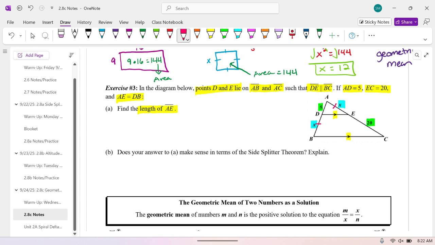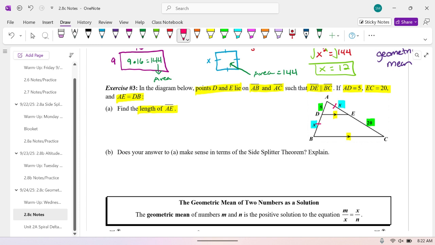Remember, side splitter is when you take the two sides of one triangle and set it equal to the two sides of the other side of the triangle, but specifically the pieces of the sides. So basically your proportion is going to be the same side. So our first proportion will be what? If we're just looking at this side, or two pieces of the side.